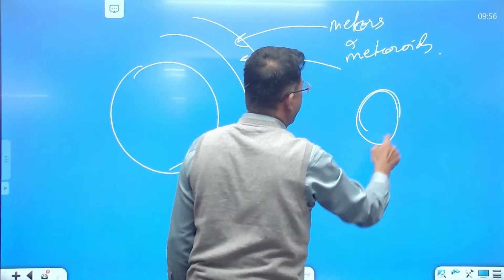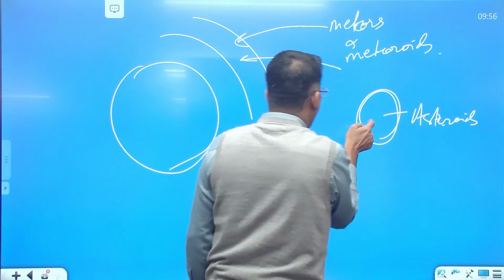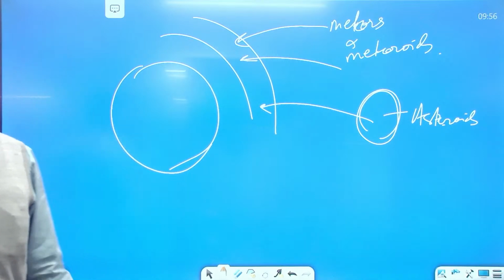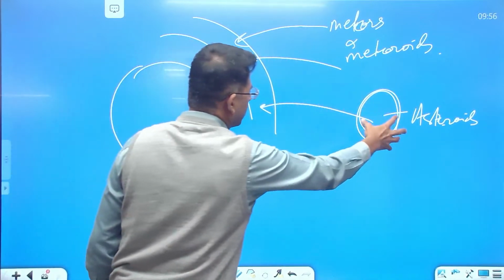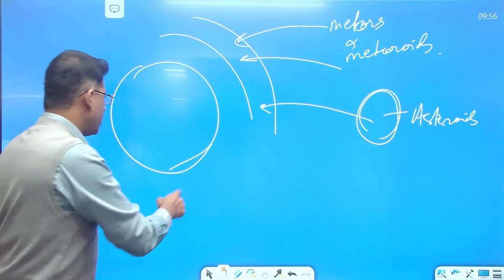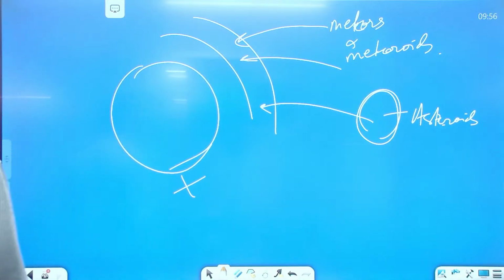The asteroids also attack our atmosphere. If there is a very big one and it impacts the Earth, it's possible life can get extinct. Earth can get severely damaged.